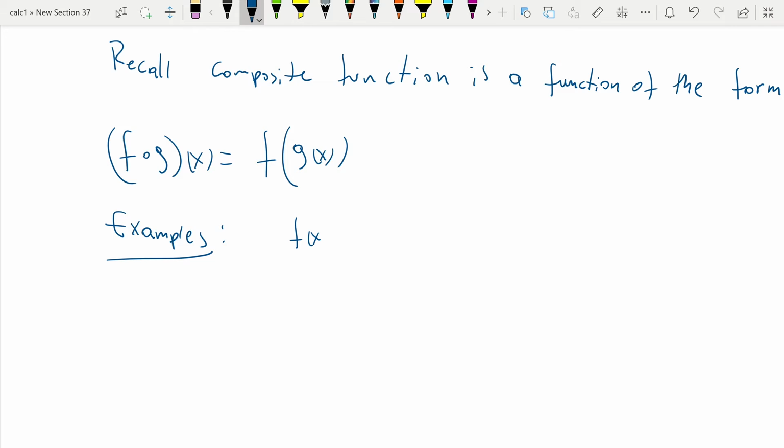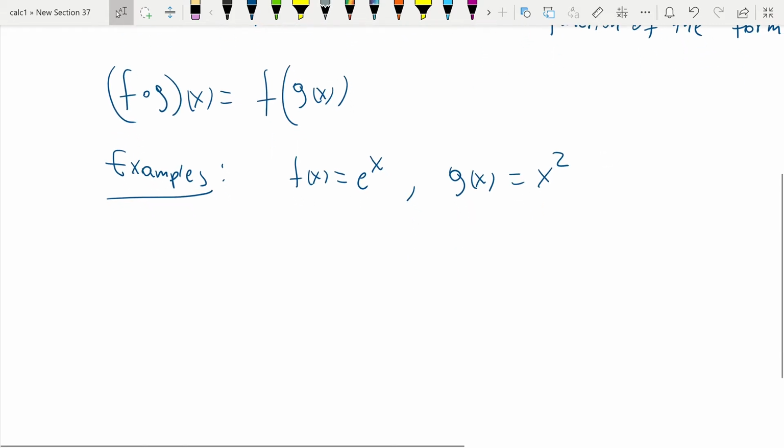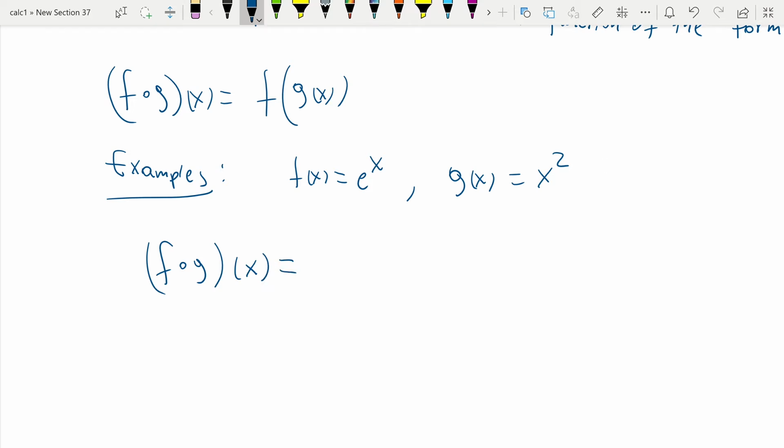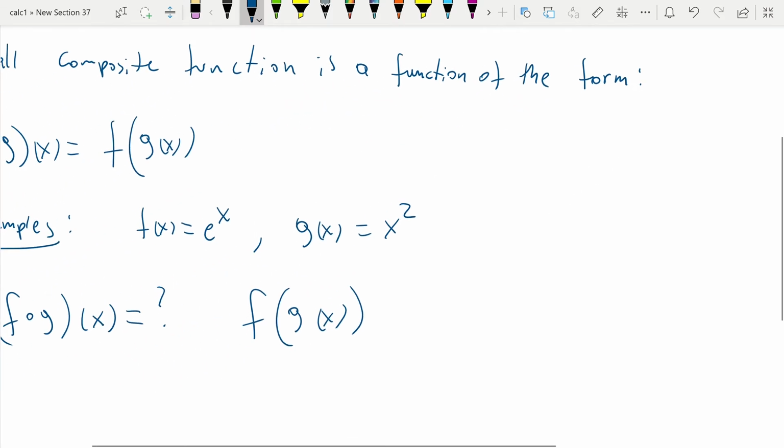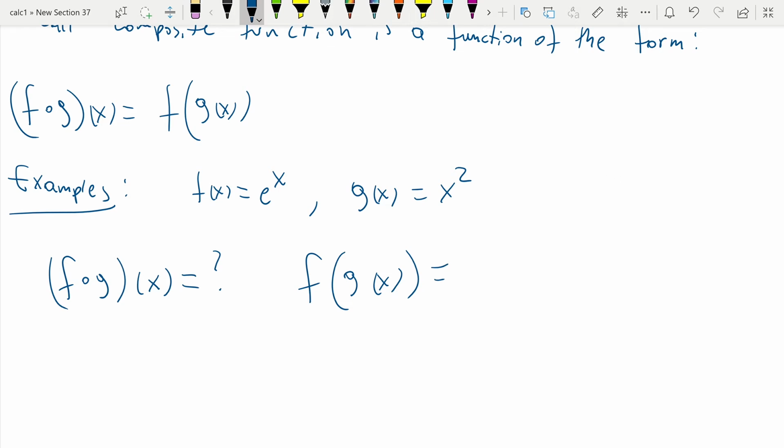Suppose that f of x is just e to the x, and g of x is x squared. What would f composed with g at x be equal to? We have to realize that we have to start from the outside and work our way to the inside. What is f of g of x?